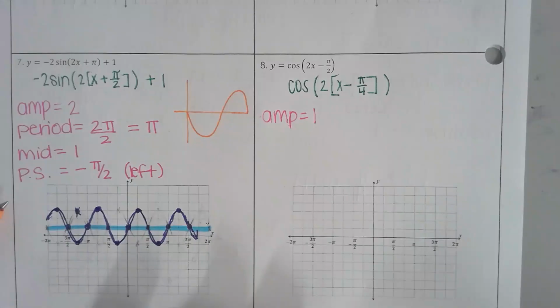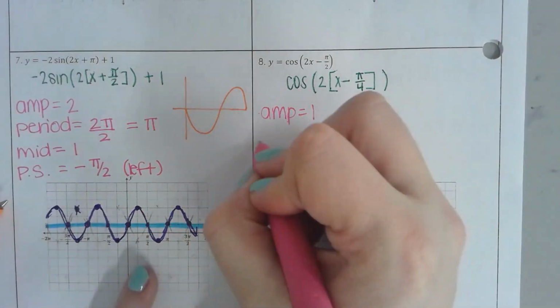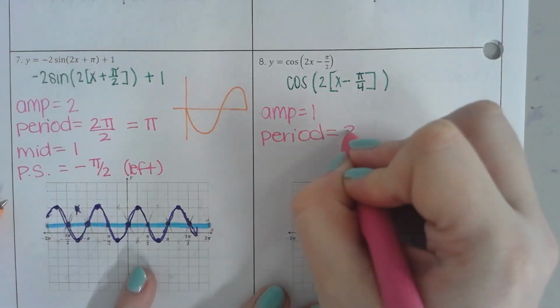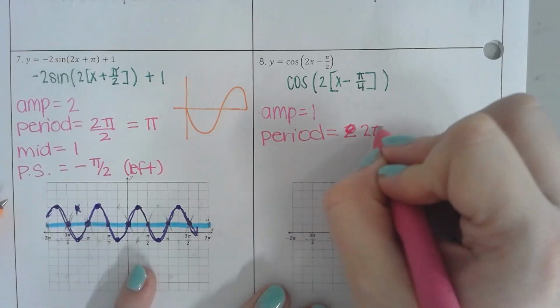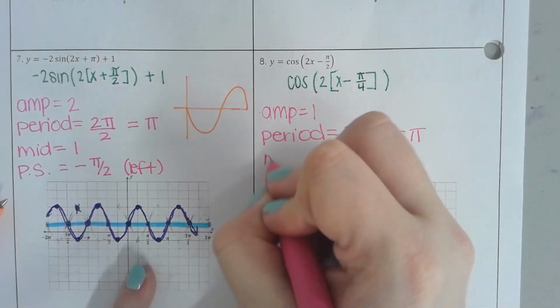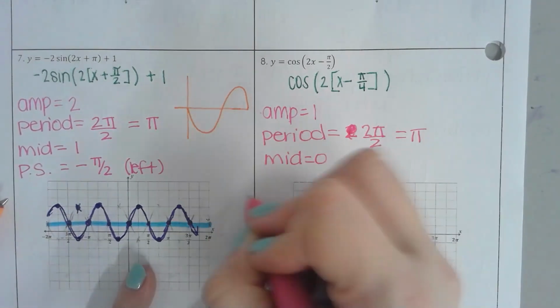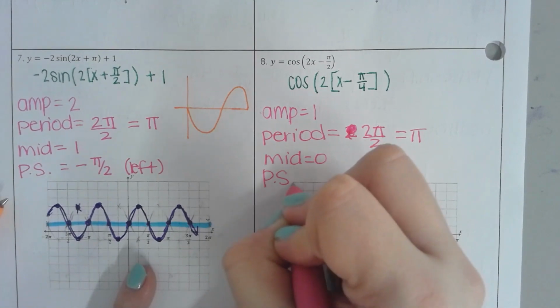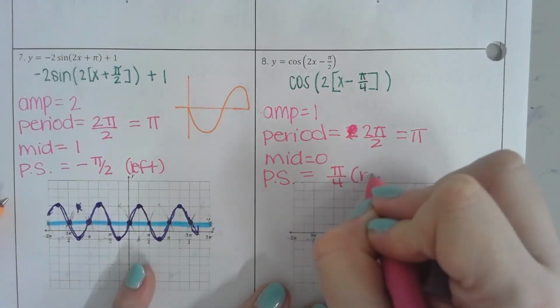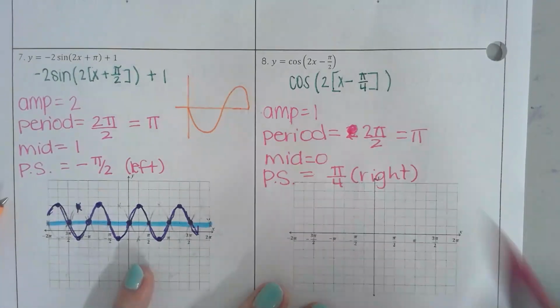The amplitude is 1. The period is 2 pi over 2, which is pi. The midline is 0. The phase shift is pi over 4. So it's going to move right.